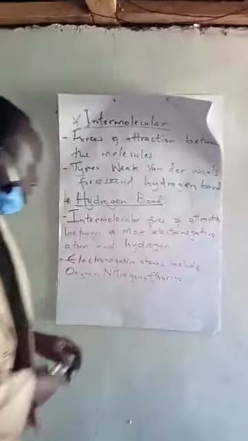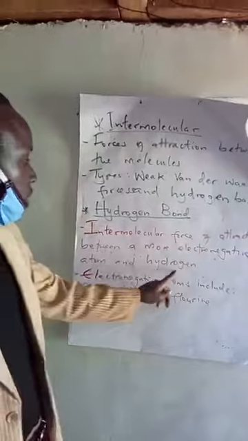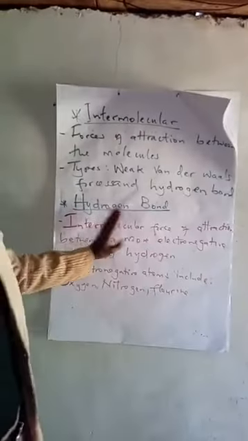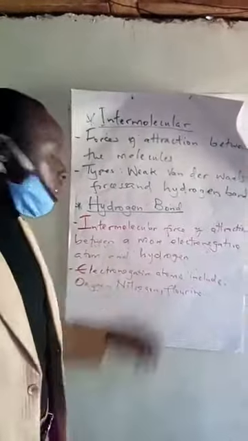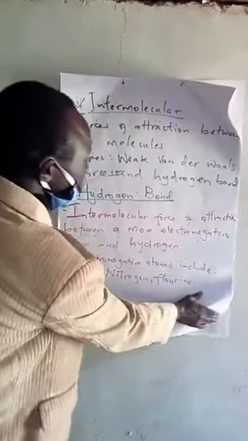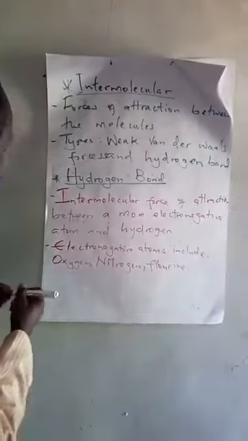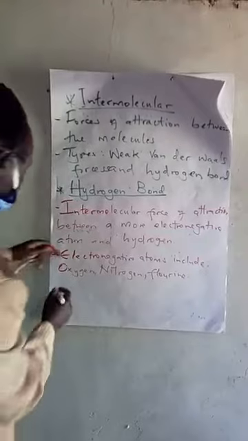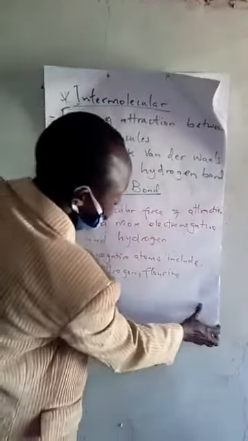These are examples of compounds with hydrogen that form a hydrogen bond. Maybe we can talk about an example of hydrogen bond in water. Let me turn over.